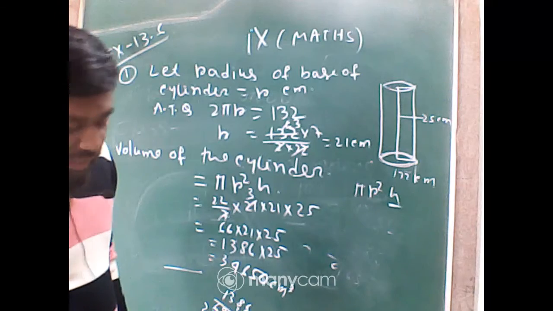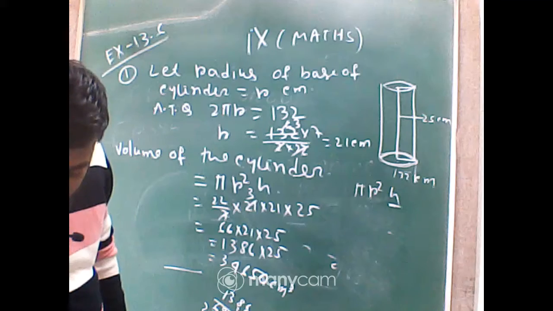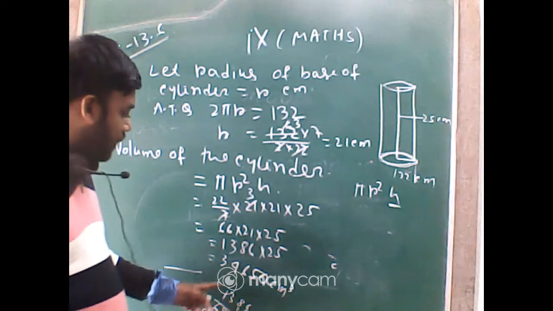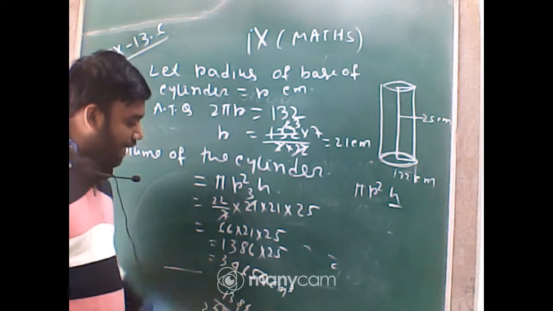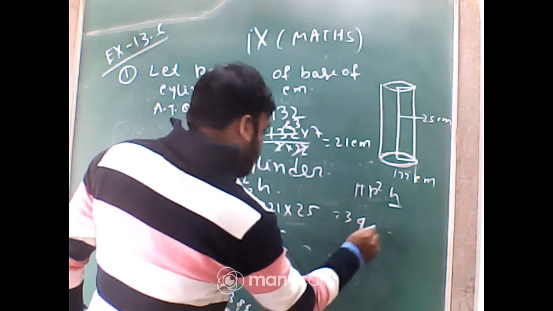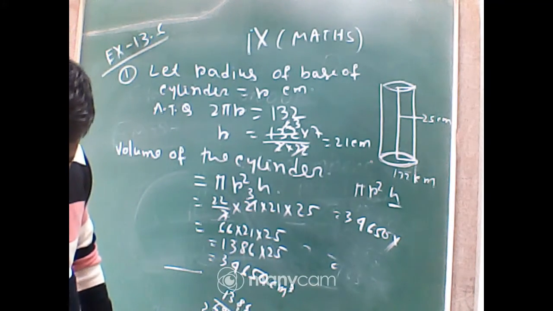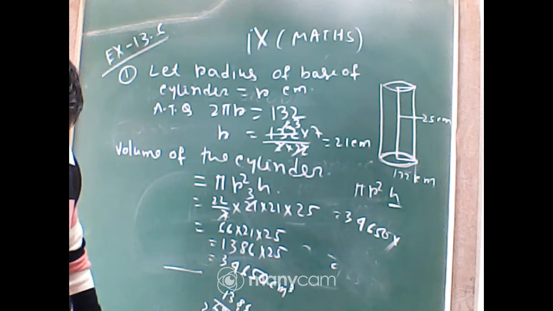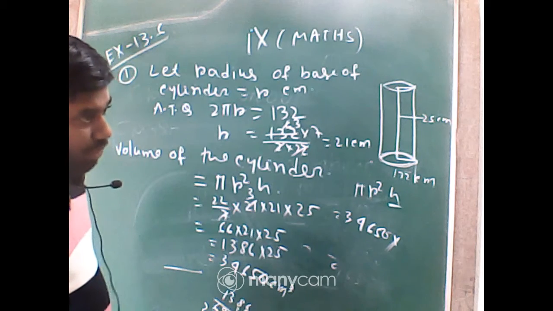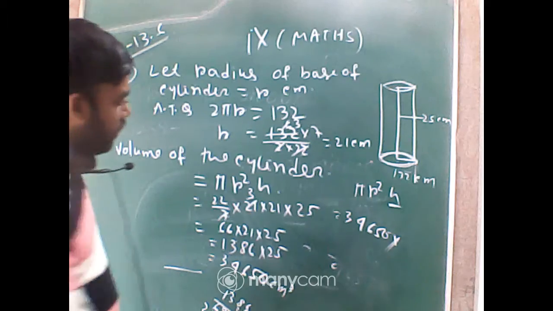Now in the question it is given that 1000 centimeter cube equal to 1 liter. So if I want to change it into liter, I have to divide it by 1000.